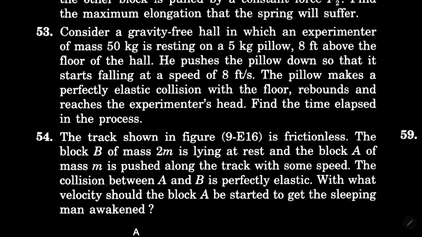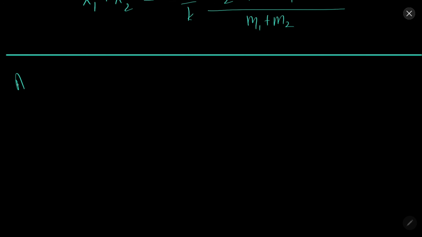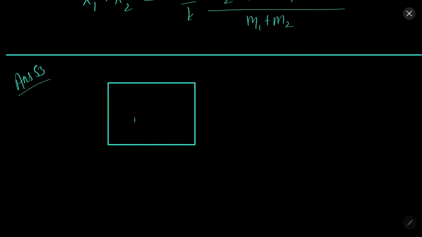Now in question 53 we need to consider gravity free fall. The pillow makes a perfectly elastic collision with the floor. We need to find the time elapsed in the process. So this is solution 53. So this is the pillow.